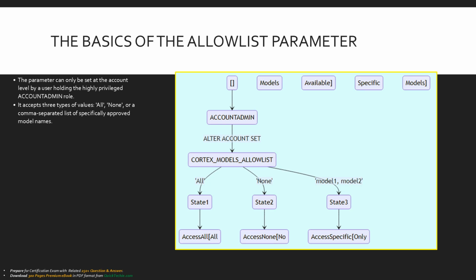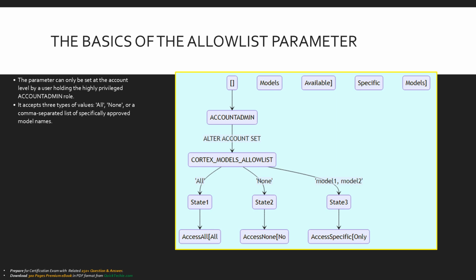Now let's cover the foundational basics of how this parameter actually functions in practice. The Cortex model's AllowList is strictly an account-level parameter. This means you absolutely cannot set it at the individual user or session level. Because of its broad, sweeping impact, only an administrator possessing the account admin role has the authority to modify it.